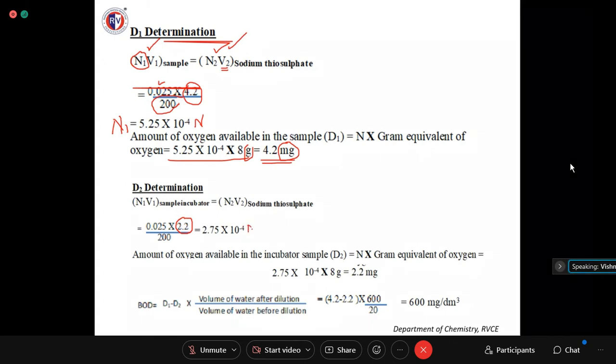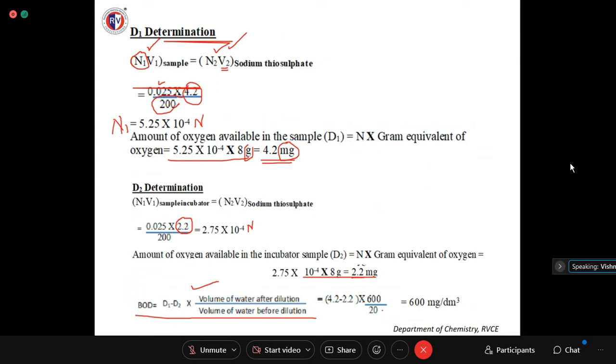Again, this is normality. If you want to get the dissolved oxygen on day 5, multiply by gram equivalent weight, again convert it to milligram. Then you will get 2.2 mg. Once you get 2.2 mg, this formula is known to you. Already sir has taught. BOD is equal to D1 minus D2, that means dissolved oxygen at day 1 minus dissolved oxygen at day 5, into volume of water after dilution by before dilution.